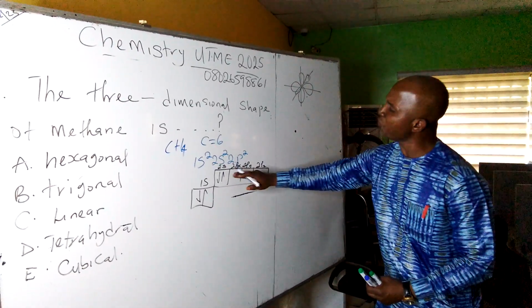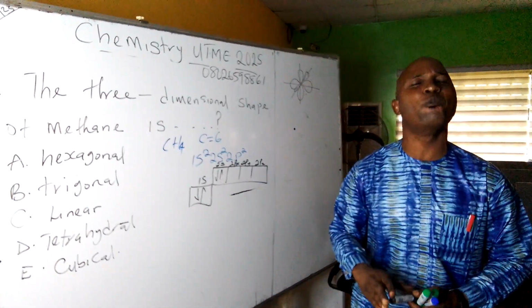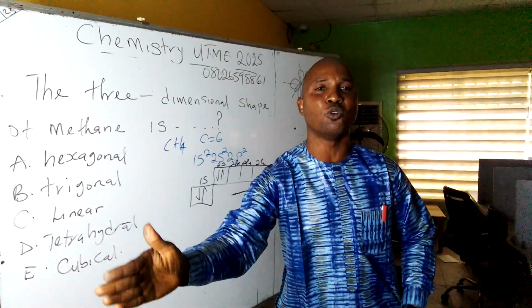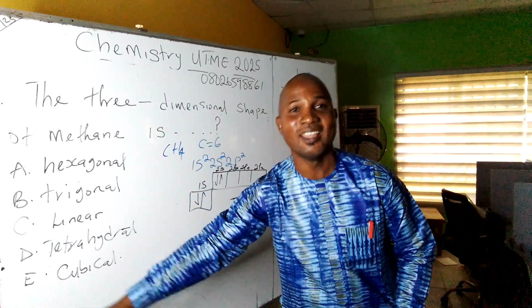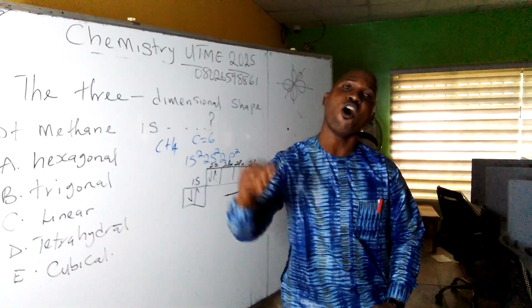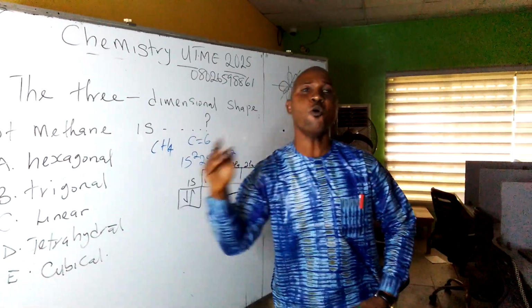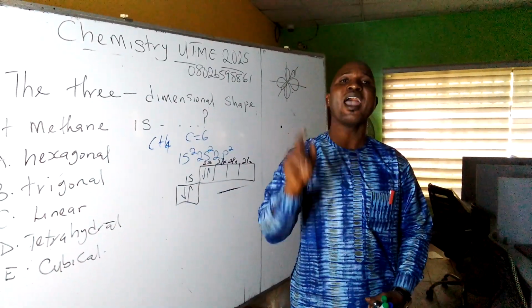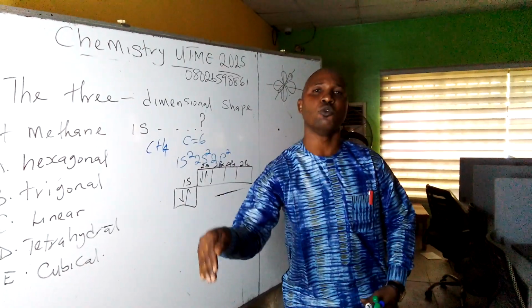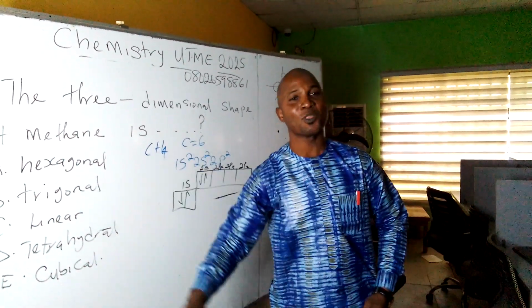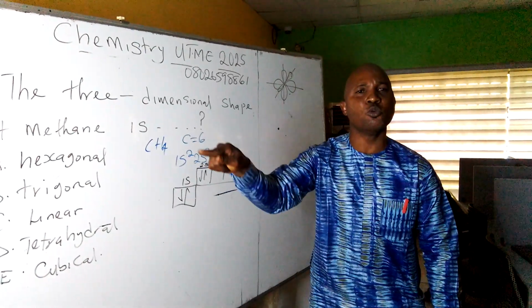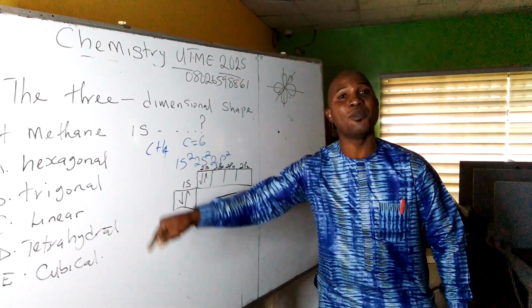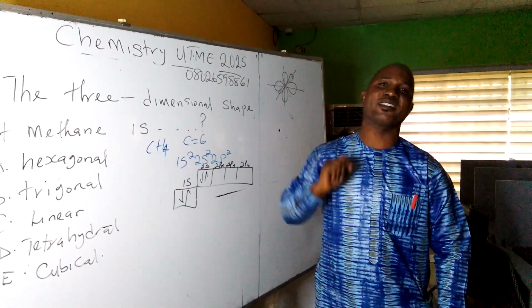Now, when we are going to fill the 2p, we are going to obey a rule called Hund's rule of maximum multiplicity. Wow, it's a new word, right? Let me take it again. Hund's rule of maximum multiplicity. Hund is spelled H-U-N-D. What it states is that electrons should enter into the degenerate orbital singly before pairing.